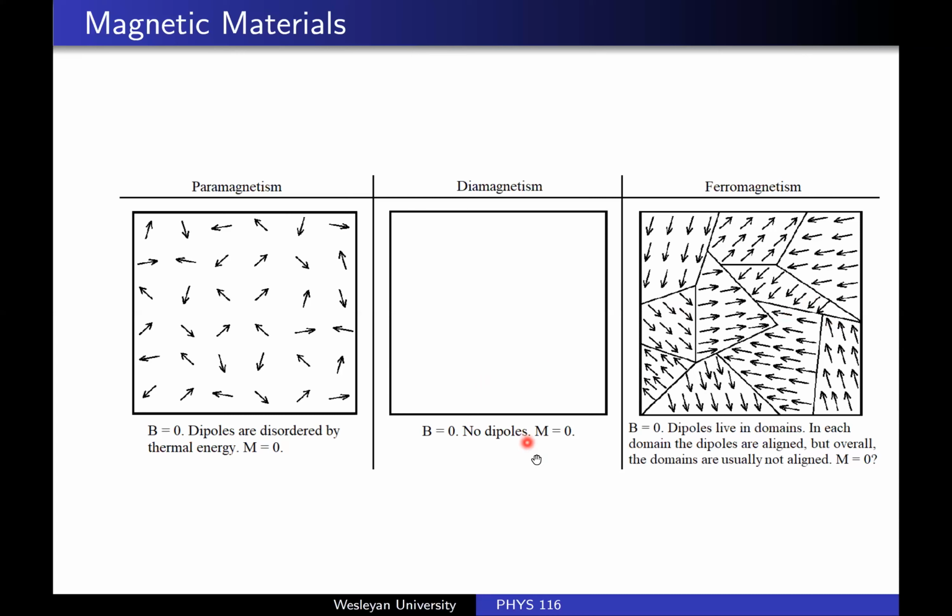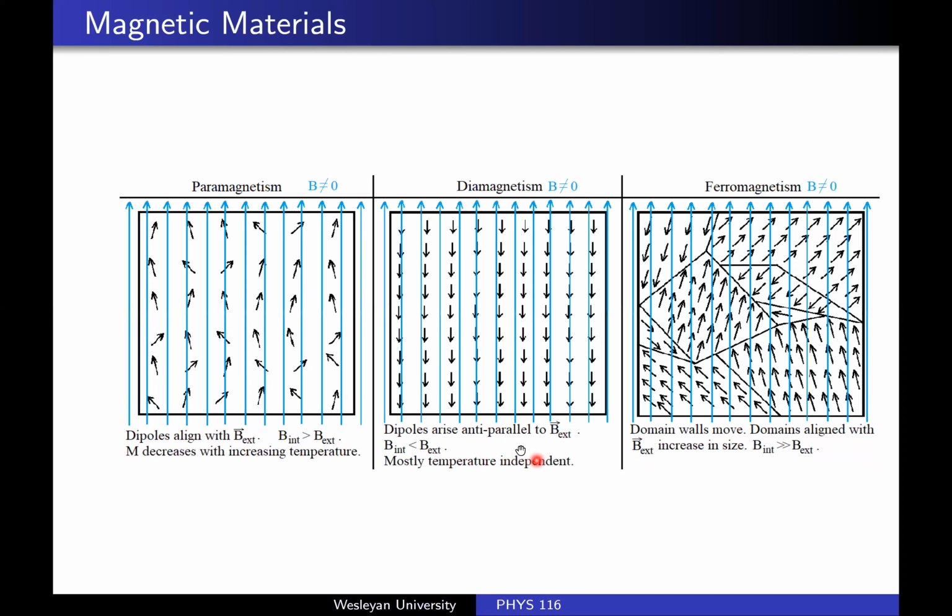But what happens when we apply an external field? So now in all three cases, we have applied an external B field indicated by these blue arrows. So what happens? In the paramagnetic material, each of these dipoles likes to align with the external field.